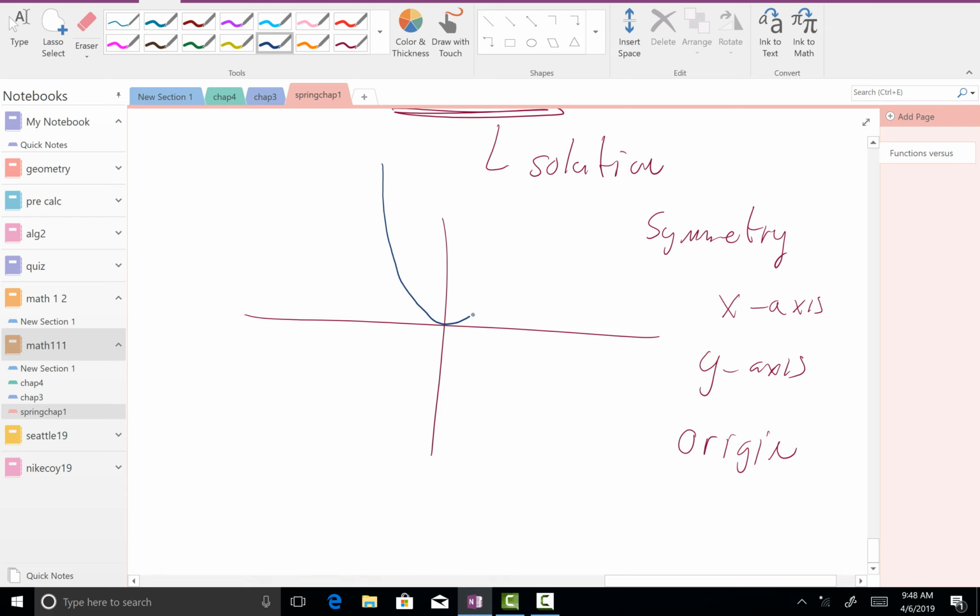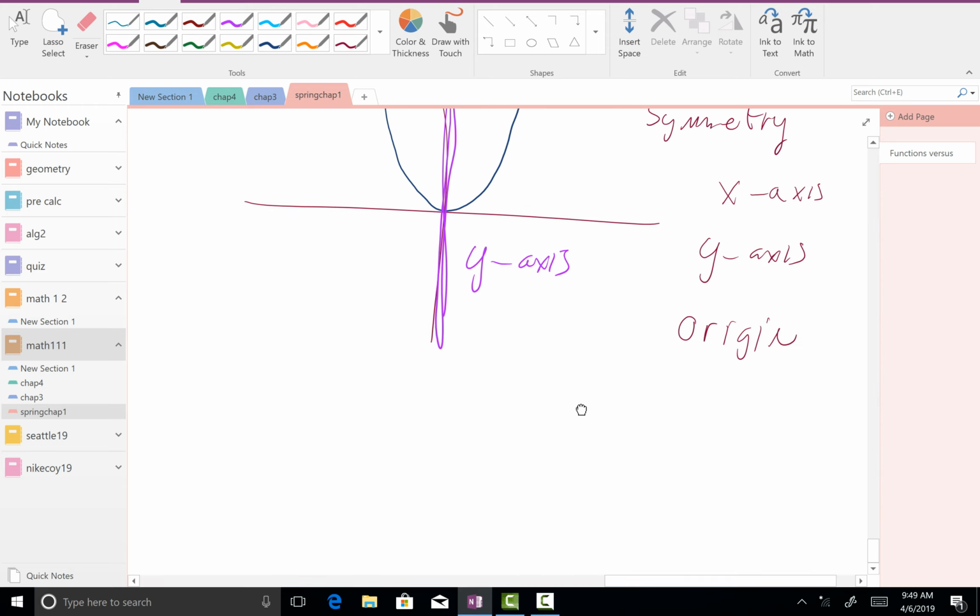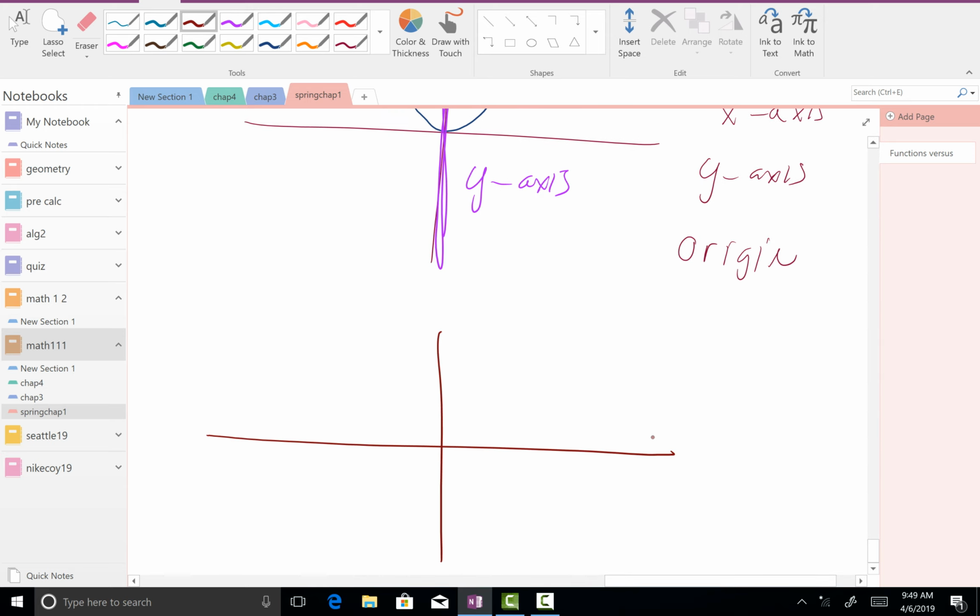So if I draw a nice parabola, that has symmetry over the y-axis because obviously if I take it and fold it, they're going to match. So that's symmetry. We would say that has y-axis symmetry. Y-axis symmetry. Okay? X-axis symmetry.